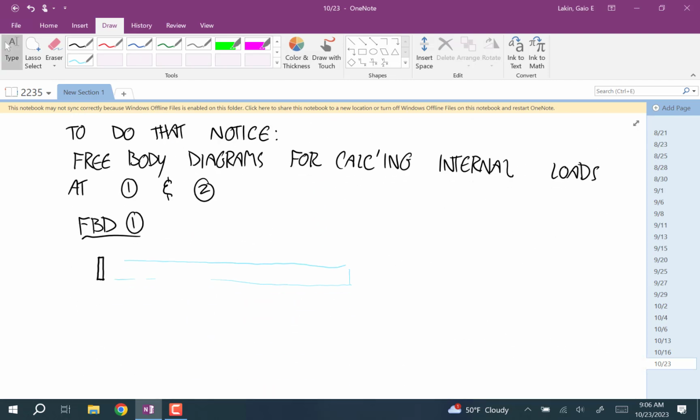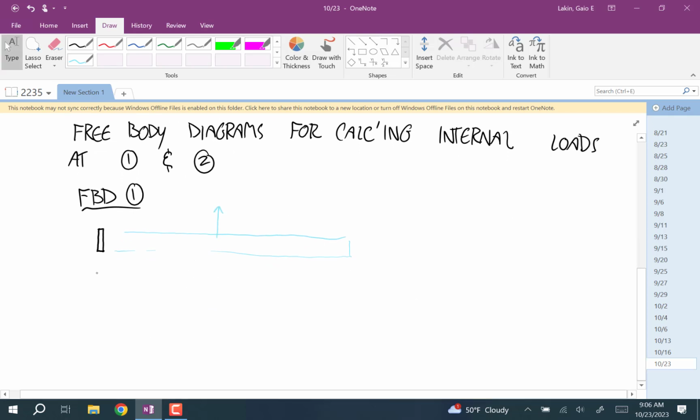So this 1,000, that's not acting on what we're isolating. This 500 isn't acting on what we're isolating. There is a 500 this way at this location. And then what other loads are acting on that little black piece? The weld joint. Yep, the weld joint.